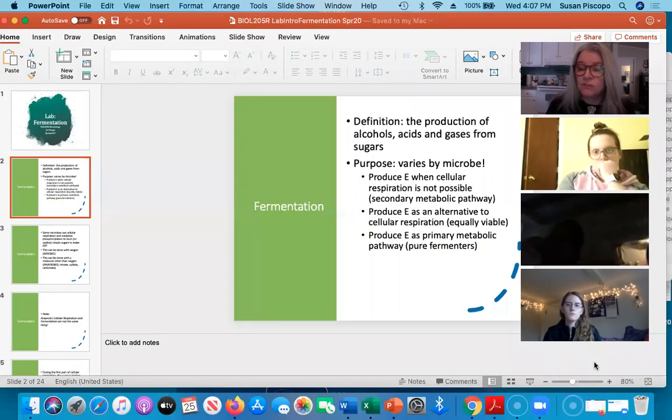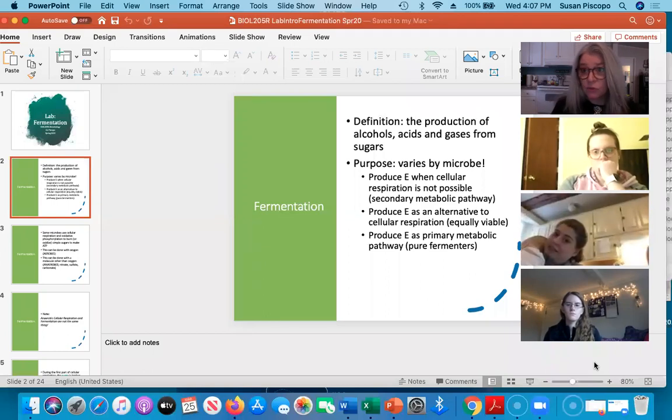You're going to notice if you look at the formula for those types of molecules that all of them have oxygen in them. So even if an organism doesn't use the actual oxygen gas at the end of respiration, it's going to use an alternative molecule that has oxygen in it. And that's because oxygen is really good at accepting electrons.